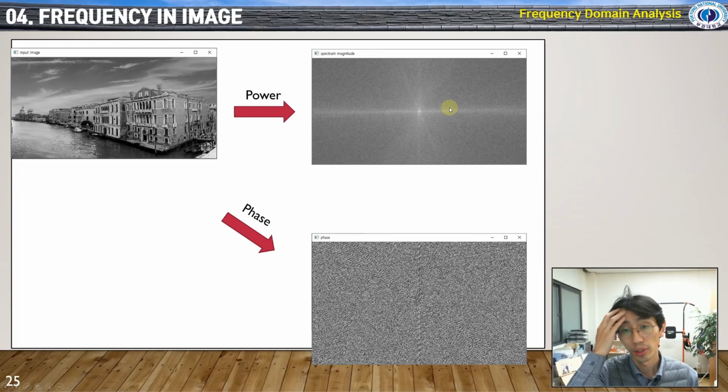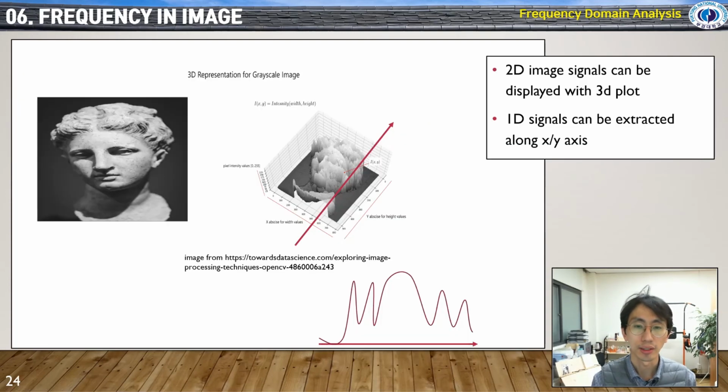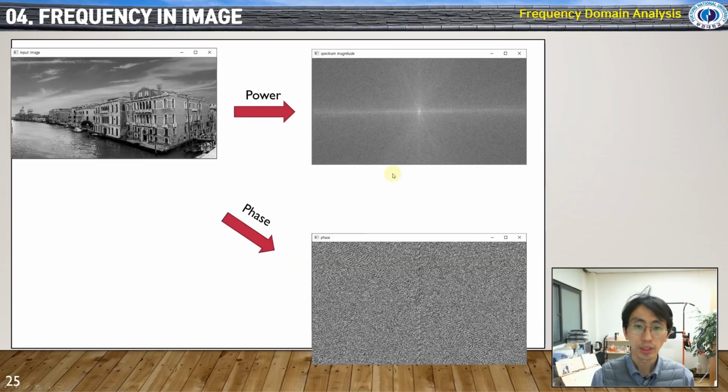So here, previously in the previous slide I explained that to calculate the Fourier transform using a 2D image, we need to slice, we need to get the signal according to a virtual axis. So that's why we are doing this. Here, the Fourier transformed information according to the x-axis is represented according to this line.